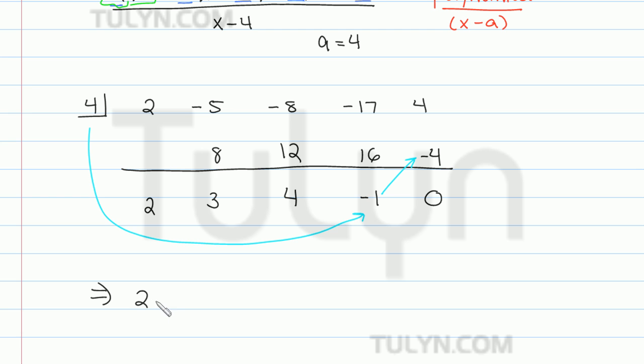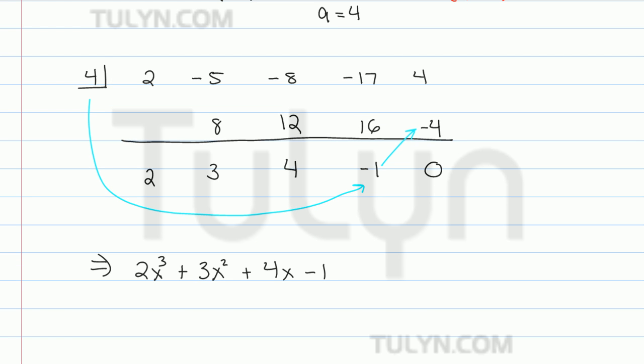So we're going to start with 2x cubed, and then going down, 3x squared plus 4x to the first power minus 1, x to the 0 power, which is just minus 1, and that's going to be our constant term. And our remainder term is 0, so we don't have to write it down. So 2x cubed plus 3x squared plus 4x minus 1 is the quotient.